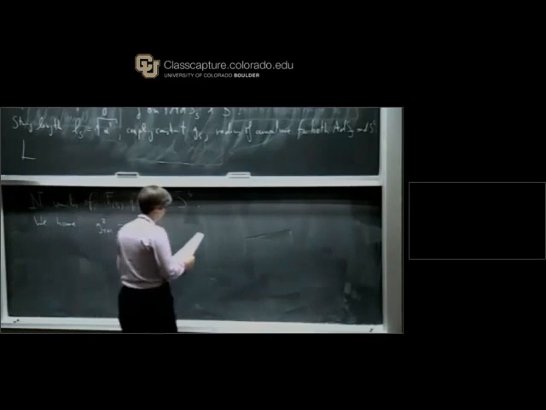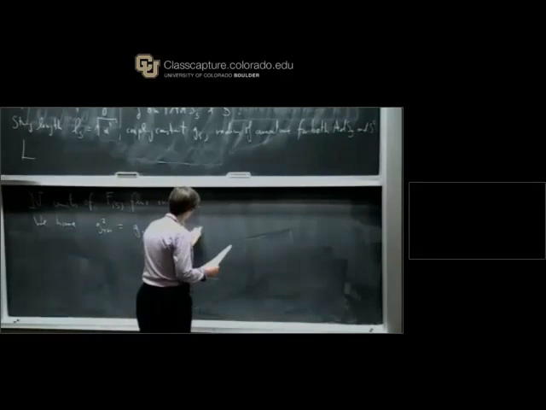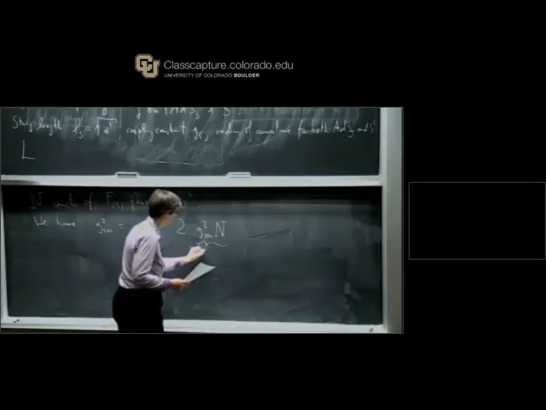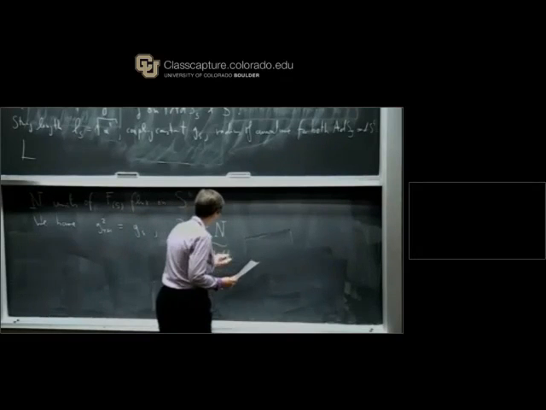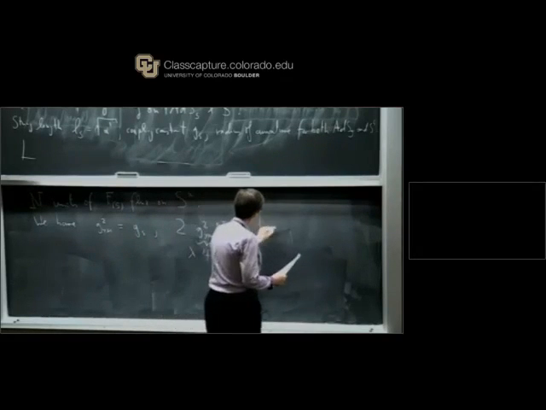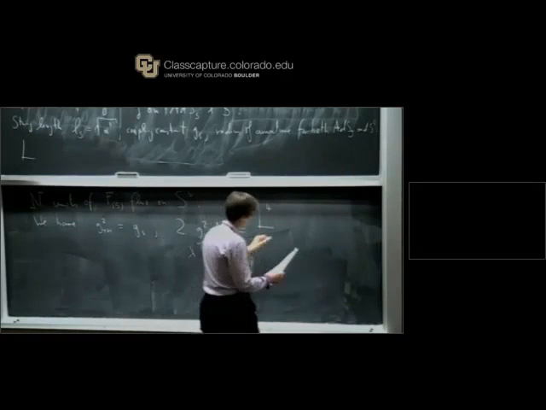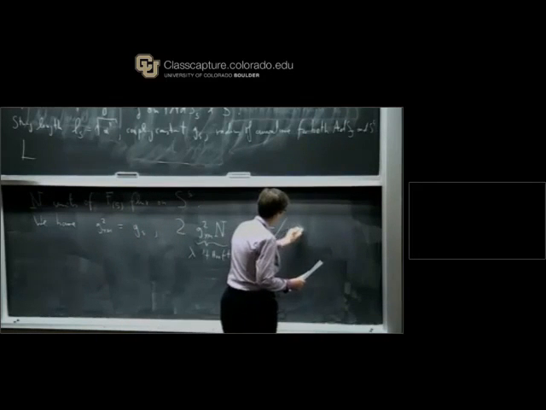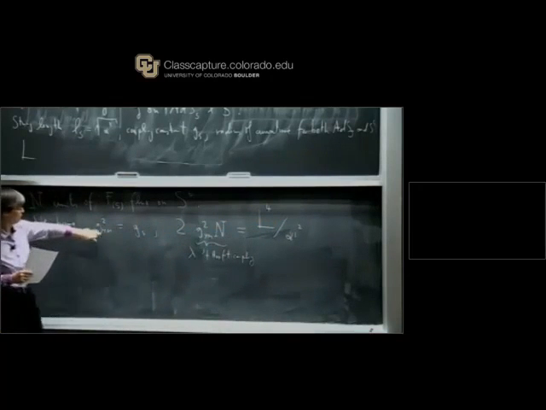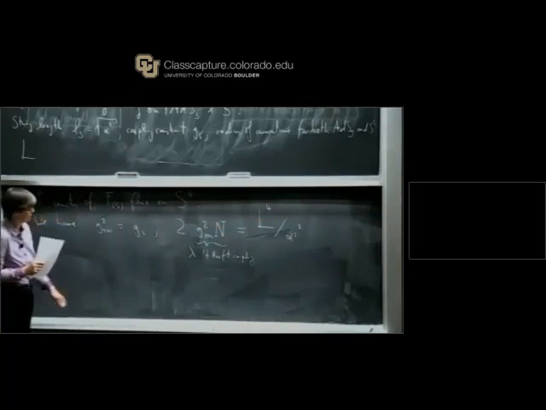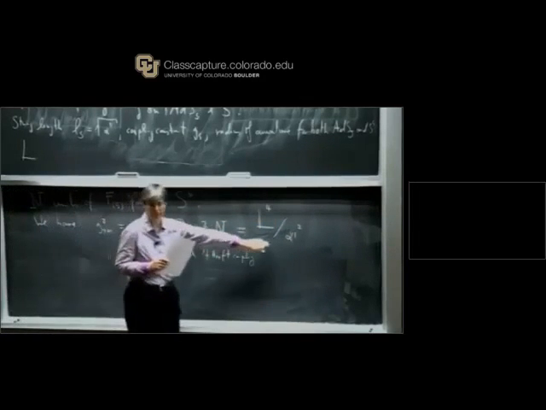And then there's another super important relation: twice the Yang-Mills coupling squared times N, which can be abbreviated as lambda, the so-called 't Hooft coupling, which will also be extremely important, will be equal to this radius of curvature of the AdS space divided by the string tension squared. Okay, so both of these relations have a quantity in the gauge theory on the left-hand side, and on the right-hand side they have an object in the string theory.